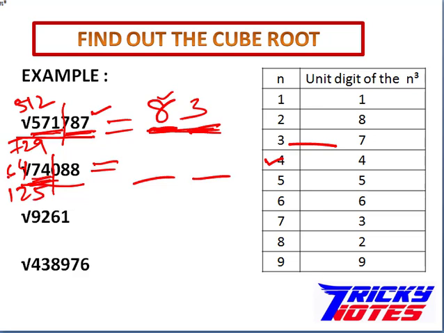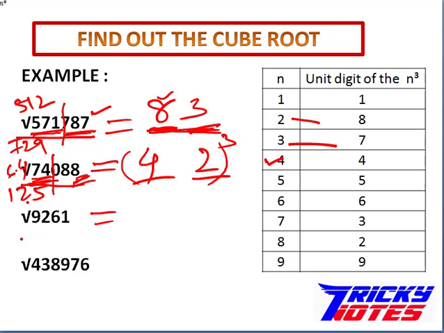So 74 is in between 64 and 125. So obviously this number is 4. Now, what is the other number? Here we have 8. Where will you find 8? If the number is 2, then only the unit digit of this number will be 8. So the cube root of 74088 will be 42.